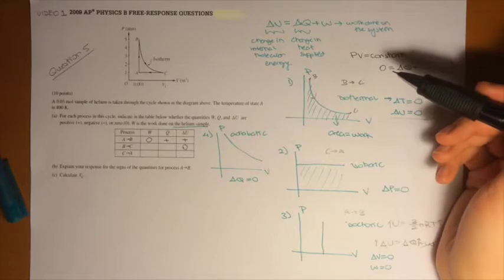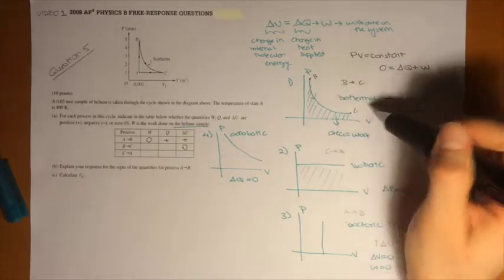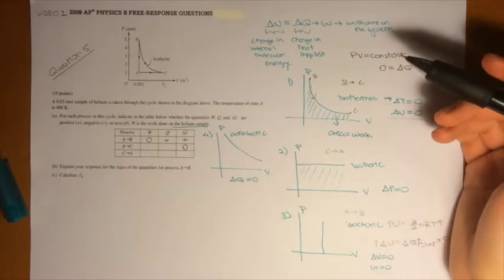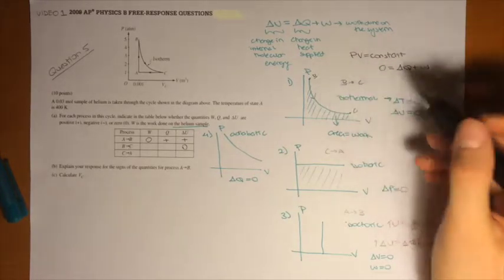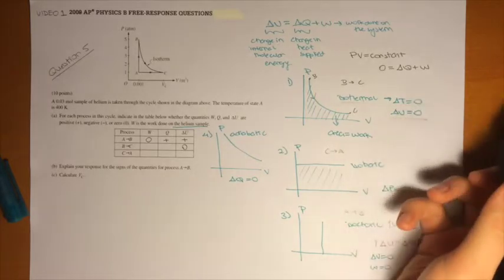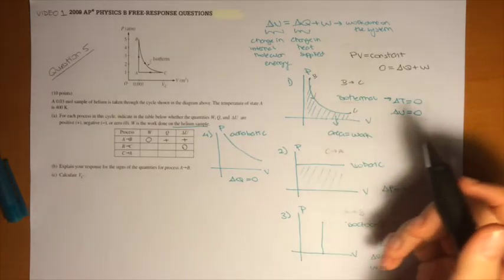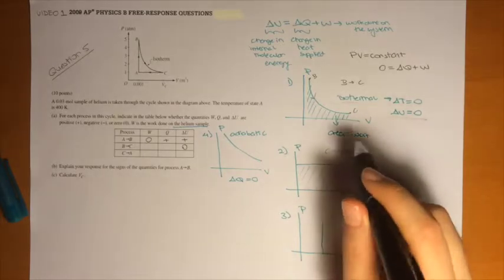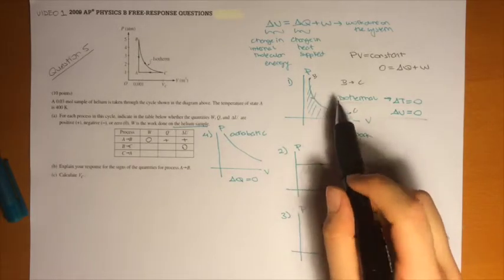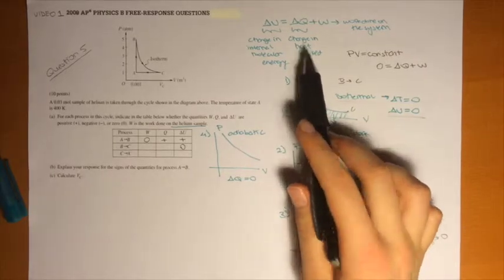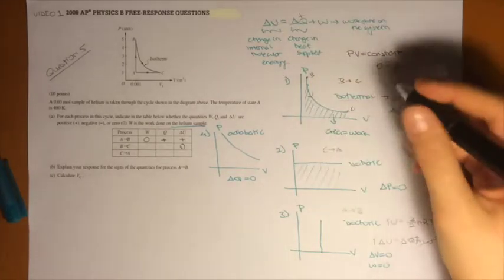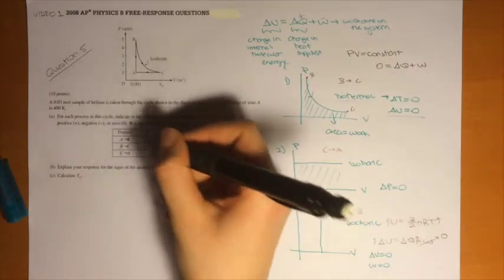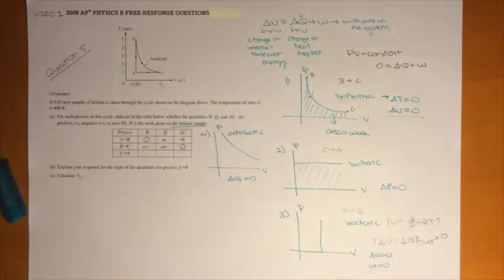Usually when pressure is decreasing and volume is increasing, the temperature should be changing too. But in this case, the temperature stays the same because it's isothermal, so there is heat supplied that is positive to compensate for this negative work done. So work is negative and Q is positive.